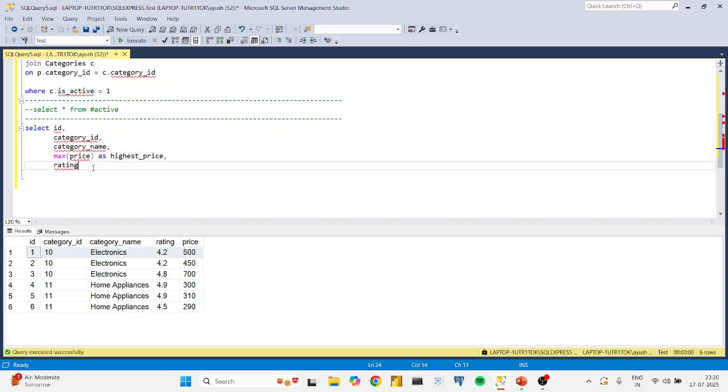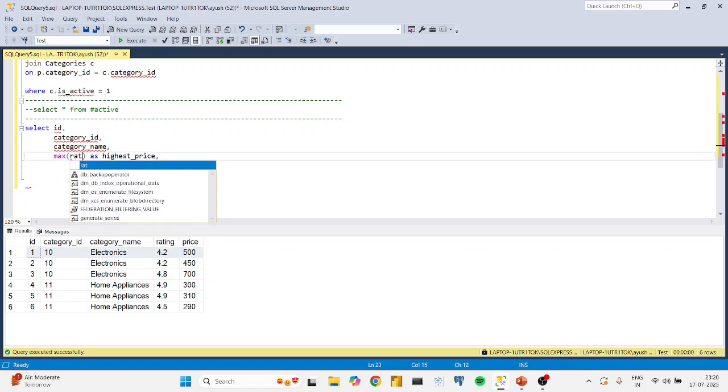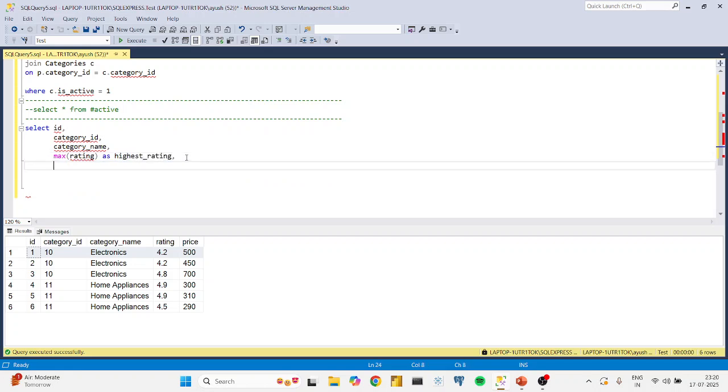Oh sorry, we have to find the highest rating. What am I doing? Highest rating, and let's take the price as well.